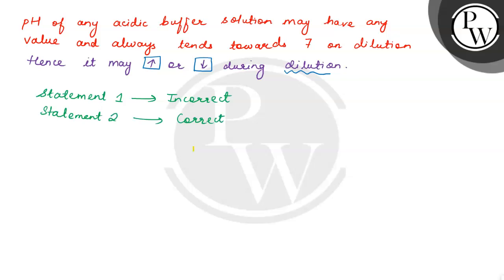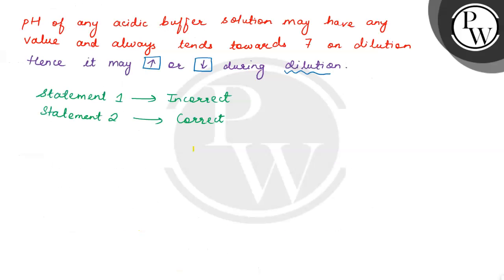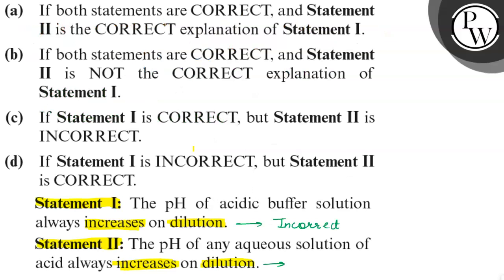Okay, let's see. Statement 1, that is the pH of acidic buffered solution always increases on dilution, will be incorrect. And statement 2 will be correct, because hence it may increase or decrease. So statement 2 is correct.